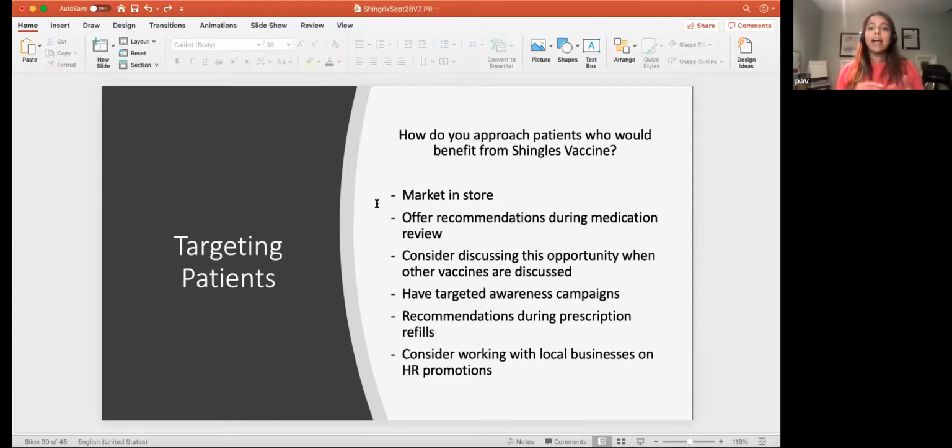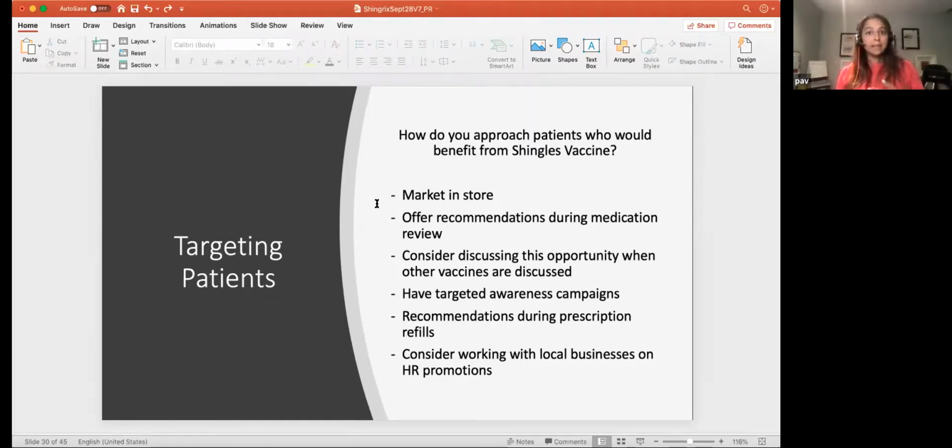One thing that we've done is also attaching it as a recommendation at the end of a medication review. We are reviewing patients, asking these questions that we need to ask regardless, making sure that for those who fall within a certain age category, when we're doing a medication review, we ask, have you considered the shingles vaccine? Have you had chickenpox before? To make sure that now that's something in their minds.